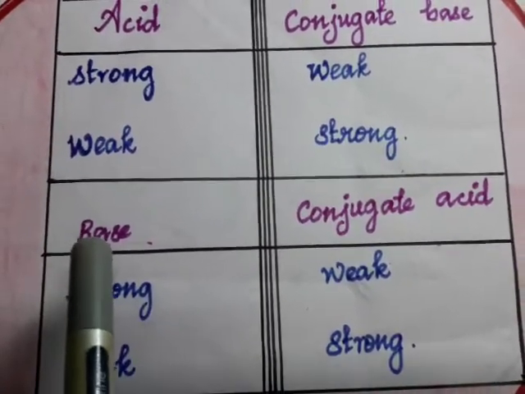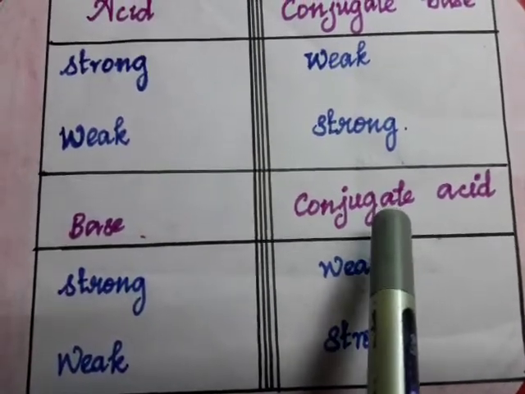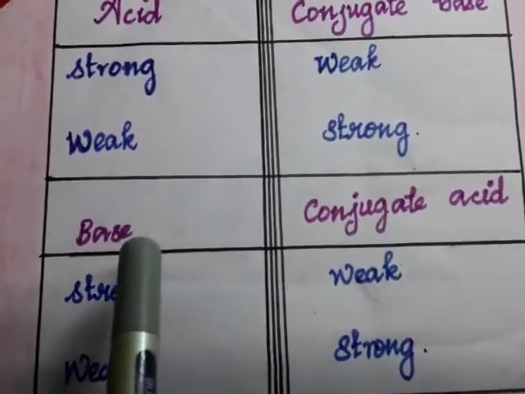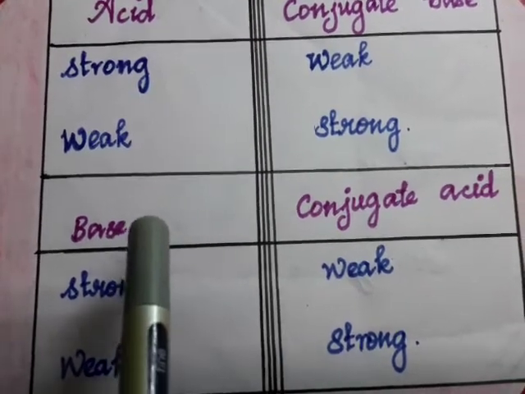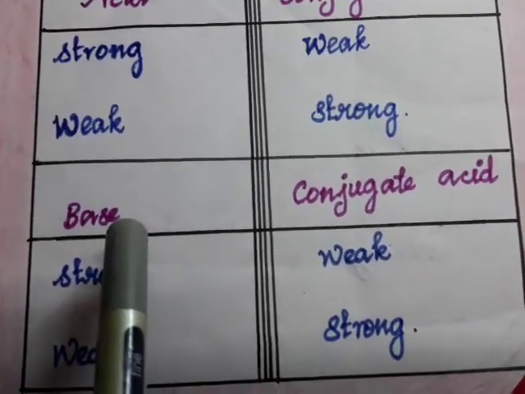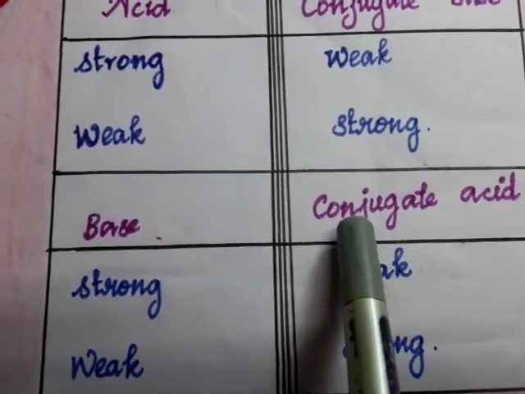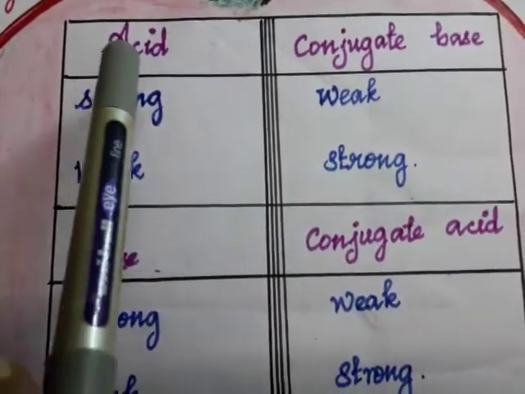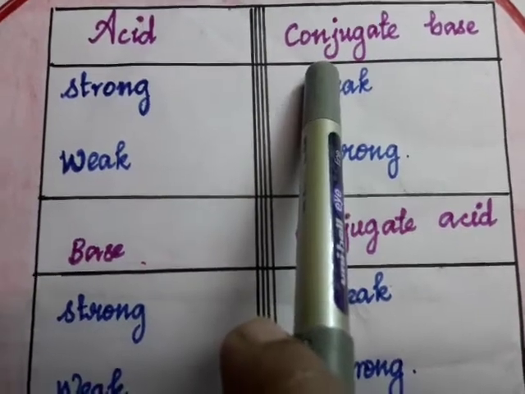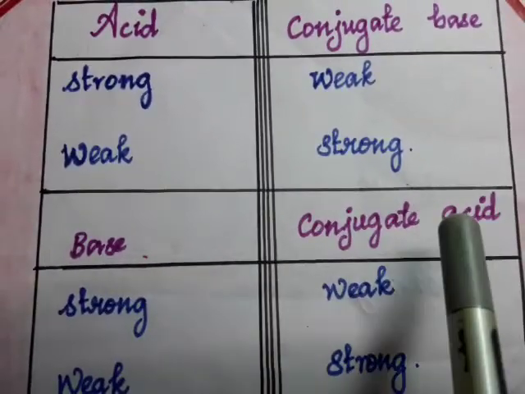Like that, after the removal of OH minus ion in a base, the remaining positive ion is said to be the conjugate acid. So each acid has a conjugate base and each base has a conjugate acid.